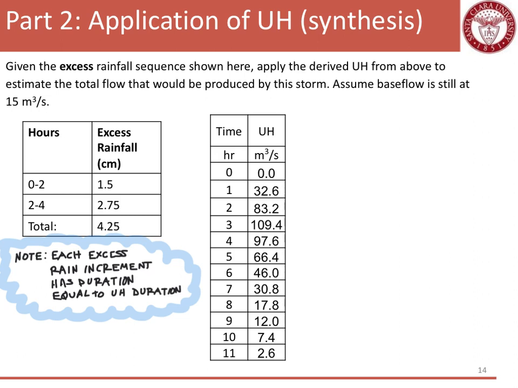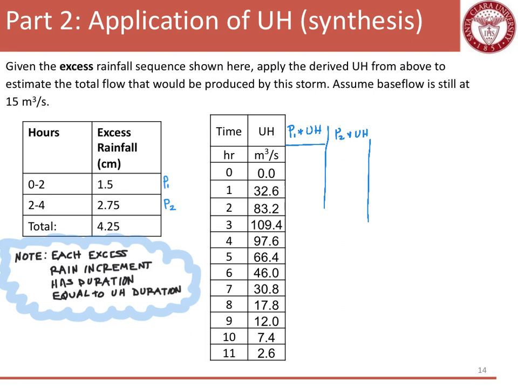My approach here is to call this 1.5 centimeters of rain P1, my first excess rainfall, which has a duration of 2 hours, and to call this 2.75 P2. Then I'm going to create a table that is P1 times the unit hydrograph for each of the time steps of the unit hydrograph, and then P2 times that unit hydrograph.